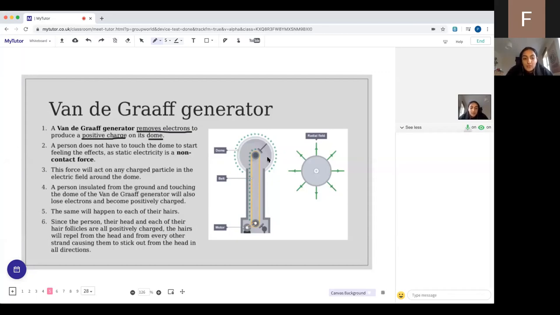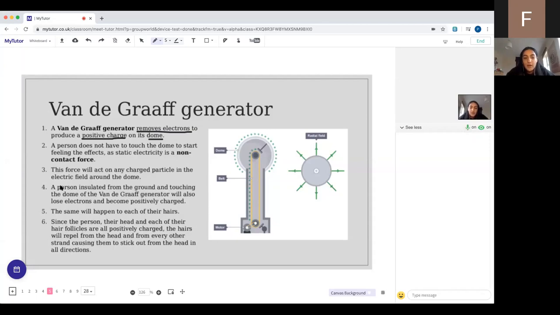Now this force, we know, acts on any charged particle in the electric field around the dome. So if a charged particle comes near the dome, it's going to feel this force. A charge in an electric field feels the electrostatic force, and it's the same thing here. If a charge comes near the dome, it feels this electrostatic force.